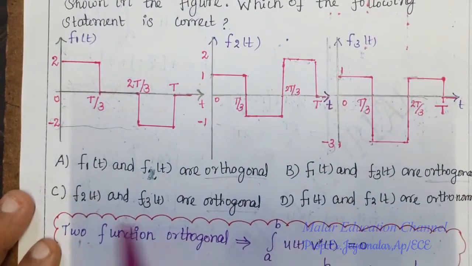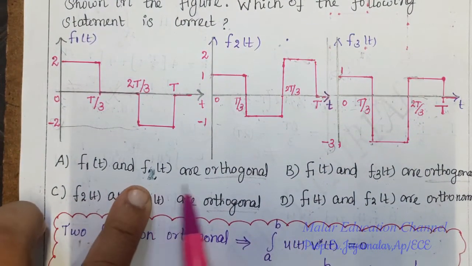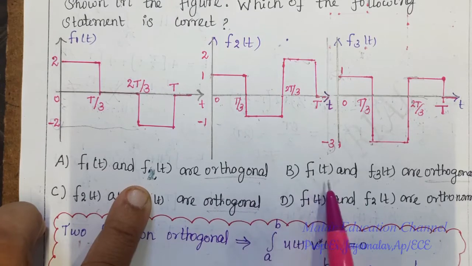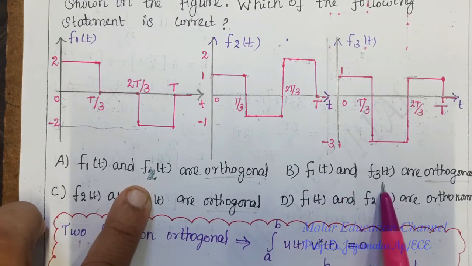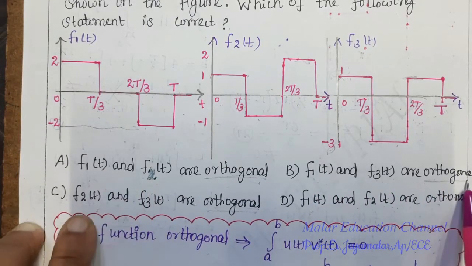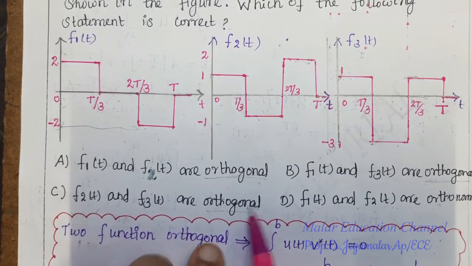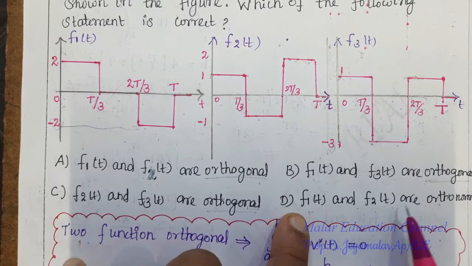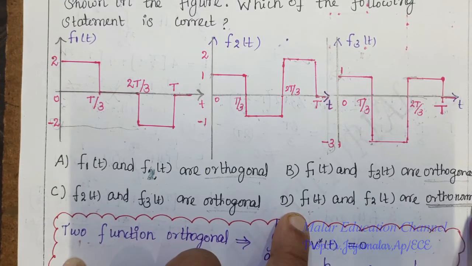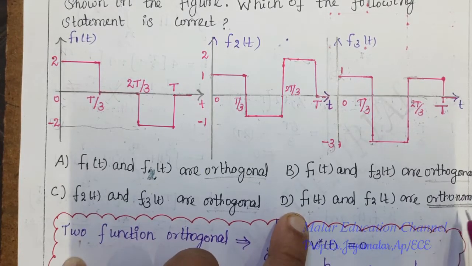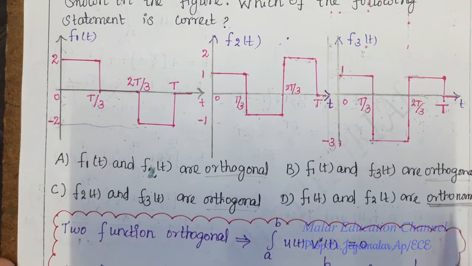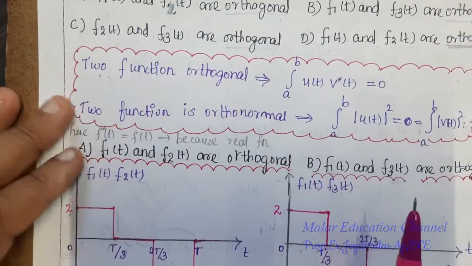Option A: f1 of t and f2 of t are orthogonal. Option B: f1 of t and f3 of t are orthogonal. Option C: f2 of t and f3 of t are orthogonal. The fourth option: f1 of t and f2 of t are orthonormal. The difference between orthogonal and orthonormal. Let me check one by one. See the diagram.